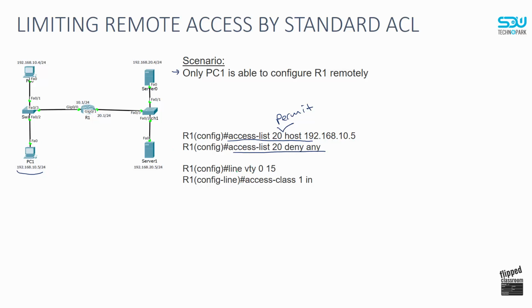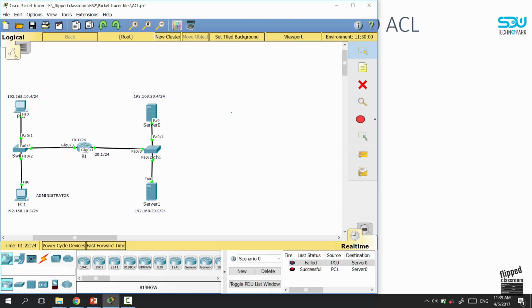And then we have to go to line VTY 0 15, so it means that 16 virtual lines will be configured, and we say access-class 20 in, so that the line VTY will look for these rules and say okay, only he can have access, but any others will not have access, so I'm denying them from configuring me.